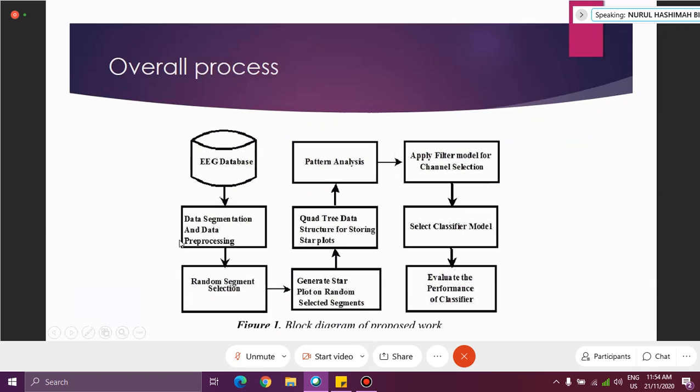Data preprocessing may include what we have learned, what we saw earlier; later I'll recap this. Random segment selection, generate star flow or random segments, quad tree. These are all computer science representations, and you get a pattern. Apply a filter model for channel selection, select a classifier, and evaluate the performance. So this is a general framework overall.